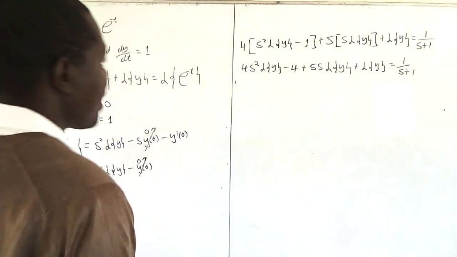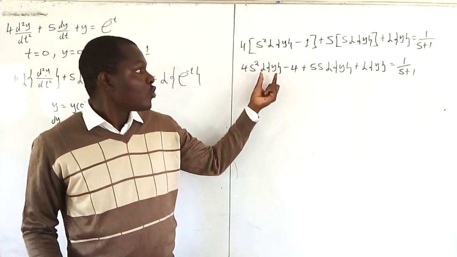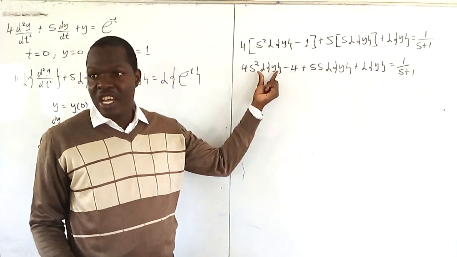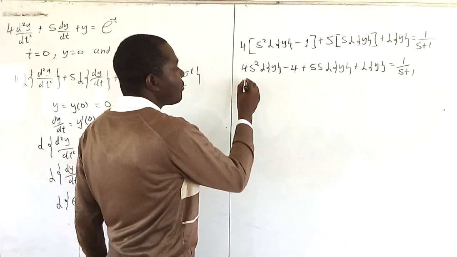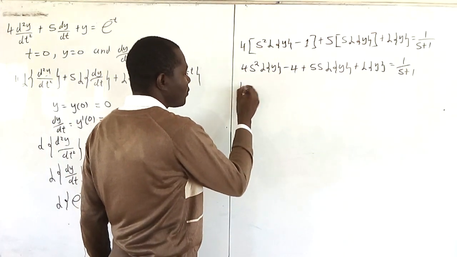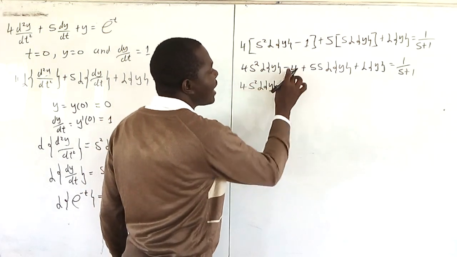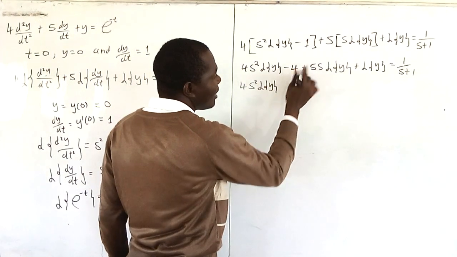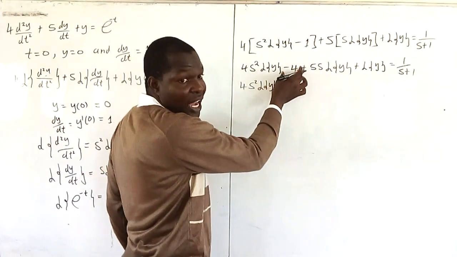After opening the brackets, the next thing is you take any term without the Laplace transform of y to the other side, isn't it? So here we remain with 4s squared Laplace transform of y. Negative 4 goes to the other side because it does not have the Laplace transform of y. Are we together? Yes.